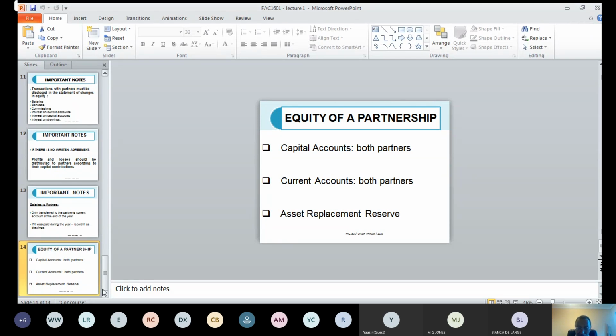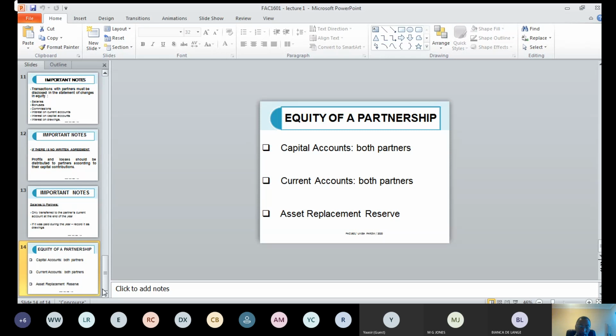And for that purpose, it is possible that the partnership may decide to create an asset replacement reserve. It's money from the profits that they will keep to one side in case they need to make use of that money again to buy these assets.